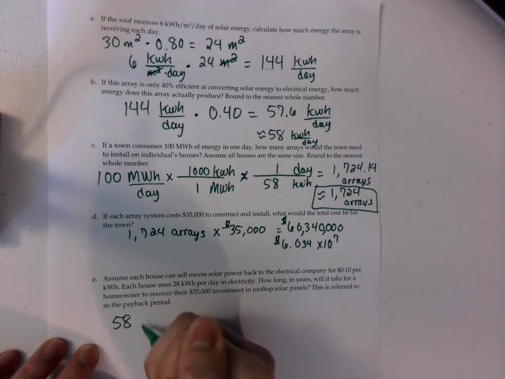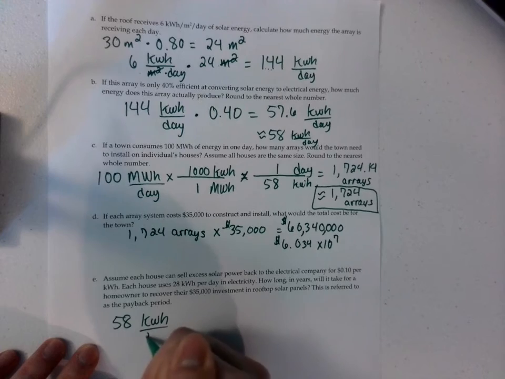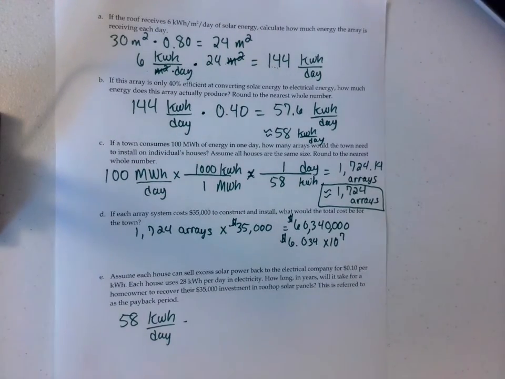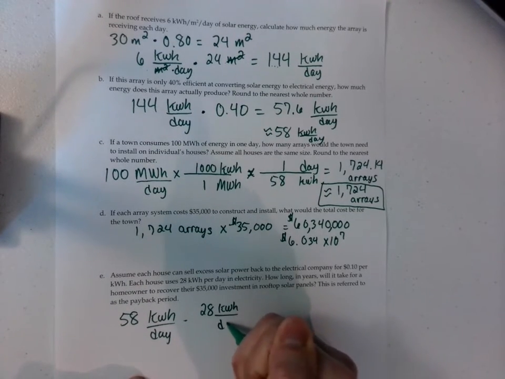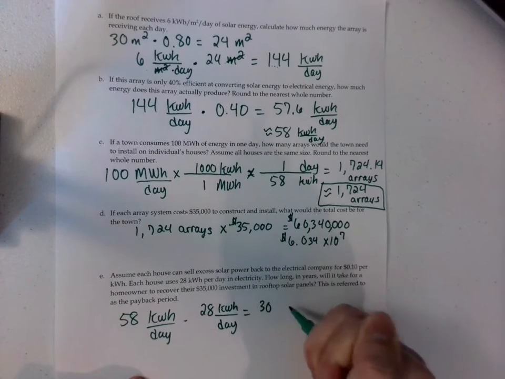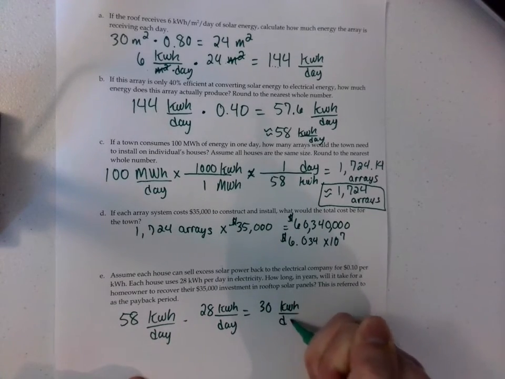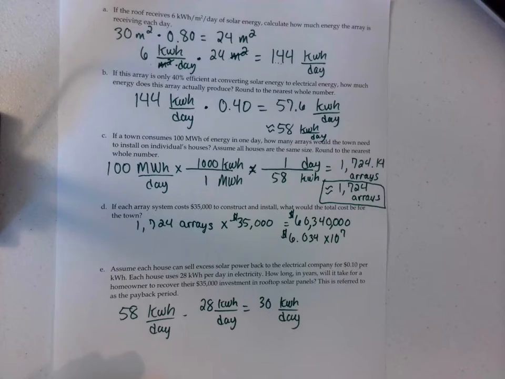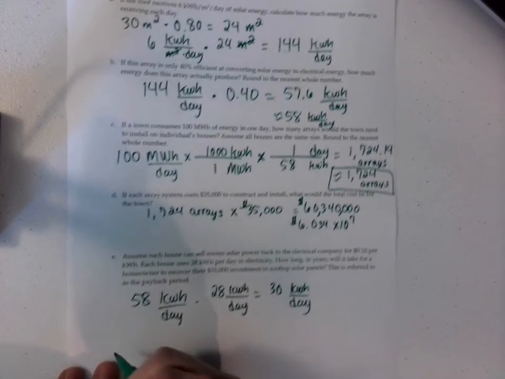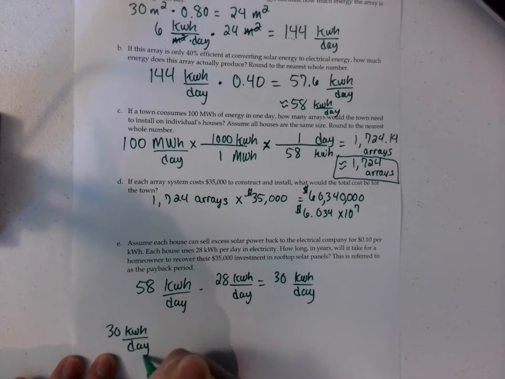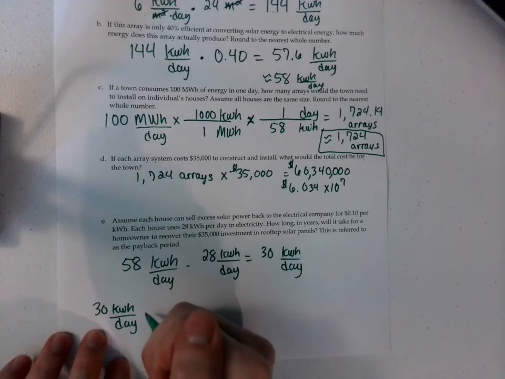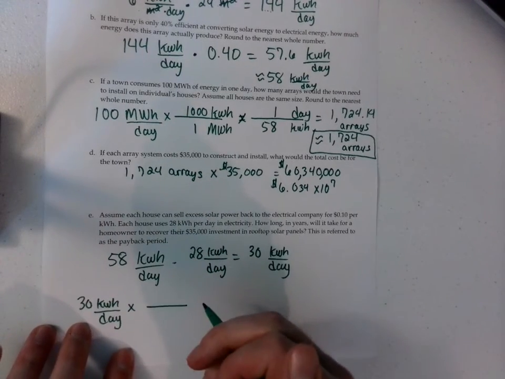So 58 kilowatt hours per day minus 28 kilowatt hours per day is going to give me 30 kilowatt hours per day that they can sell back to the electrical company.